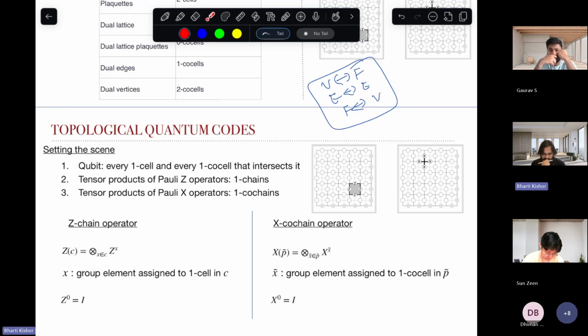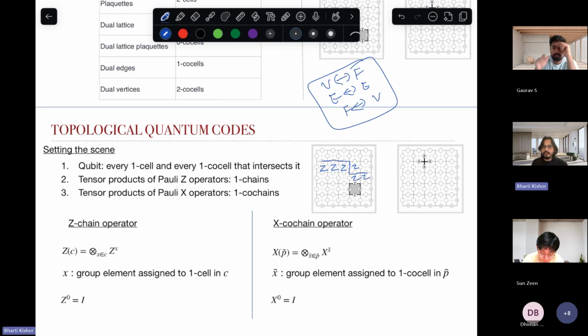So at this point, whenever I put some string like this, let's say I make this kind of a string, it corresponds to Z, Z, Z, Z, Z, Z, and everywhere else I just assign 0.